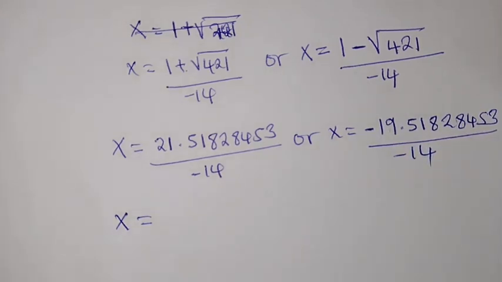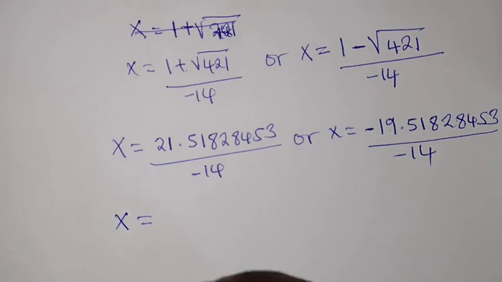So we come back where we say 21.51828453 divided by -14.